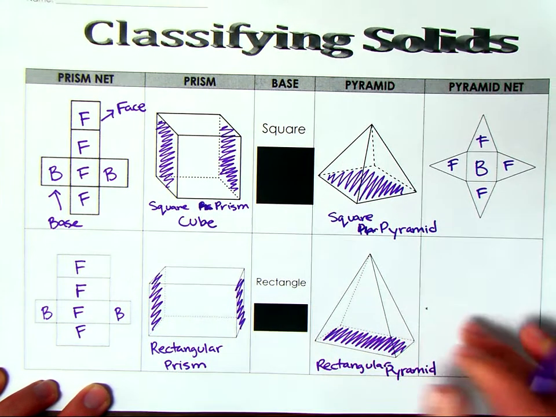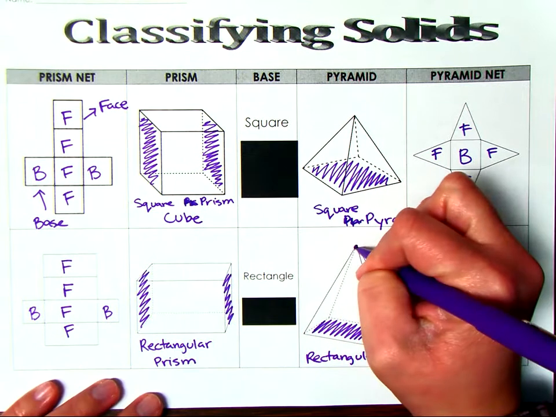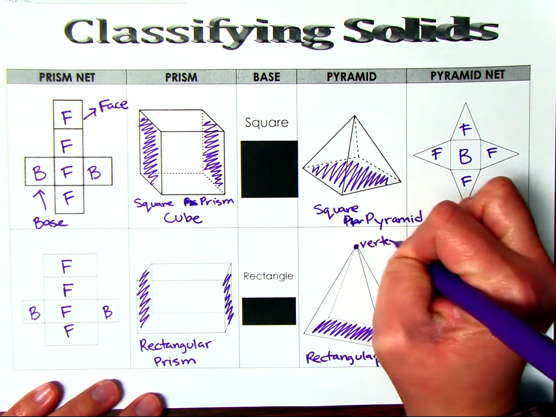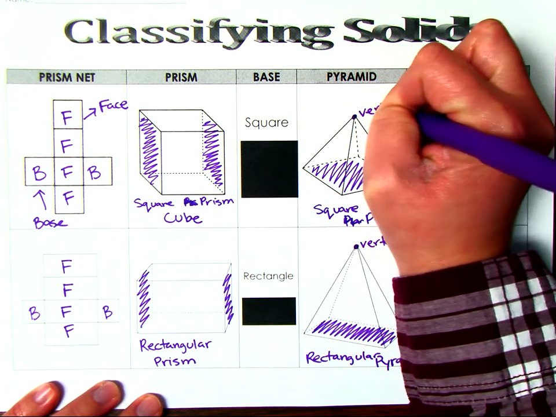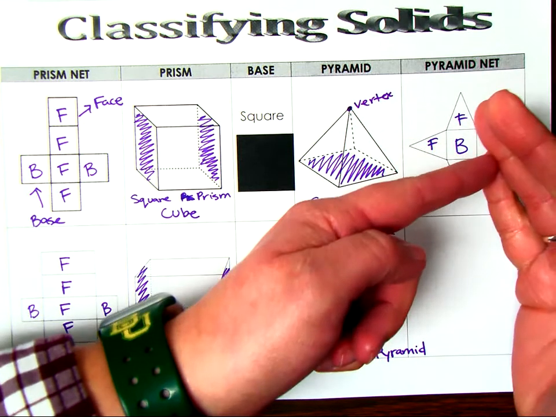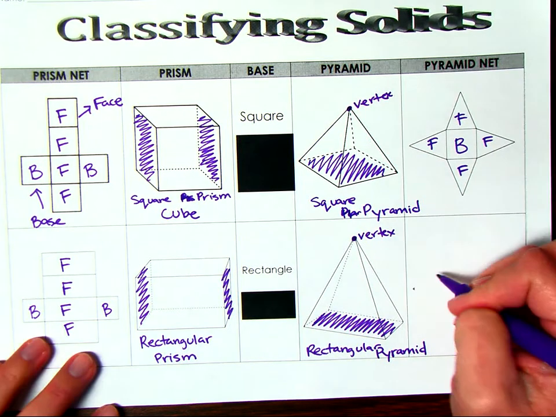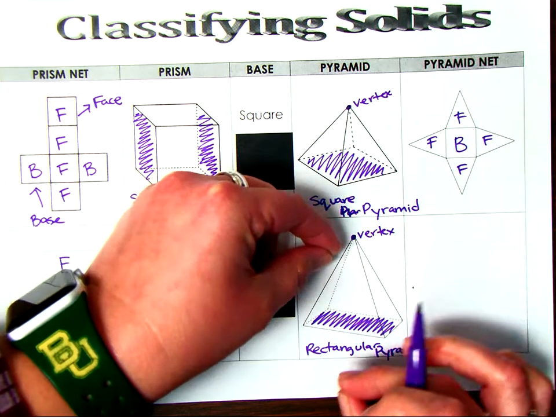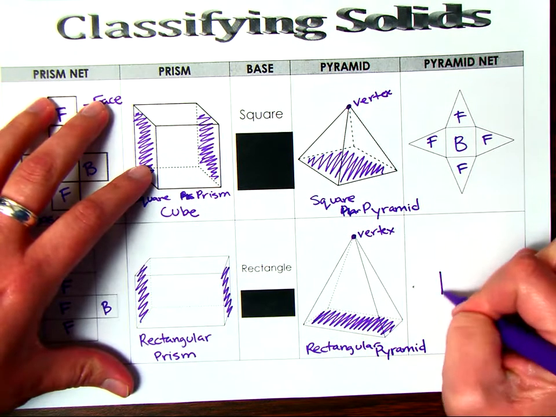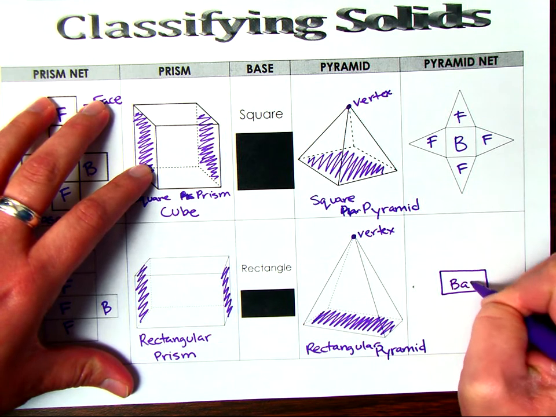Okay, my picture didn't come out over here, but I'm going to draw it. So think about if you were to take up here, and this right here, guys, is called a vertex. So the vertex is where this net, if we were to fold it up, they're going to meet. Okay, so if we were to unfold this right here, we'd actually have a rectangle right here, and that would be the base.